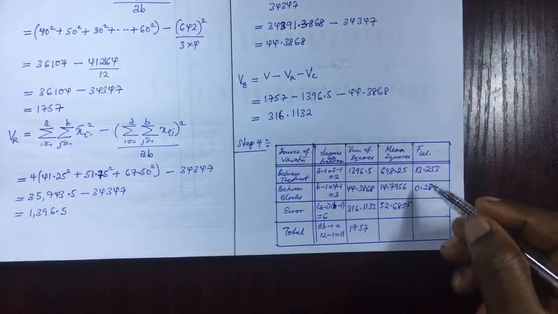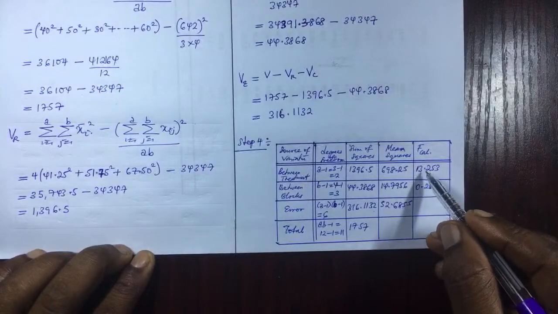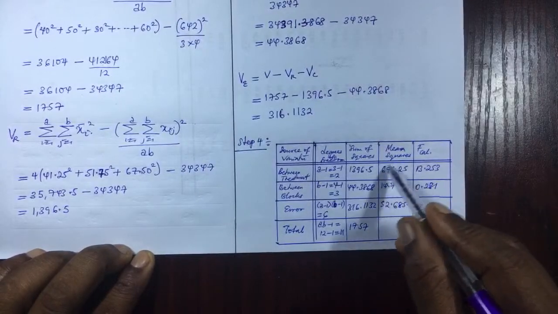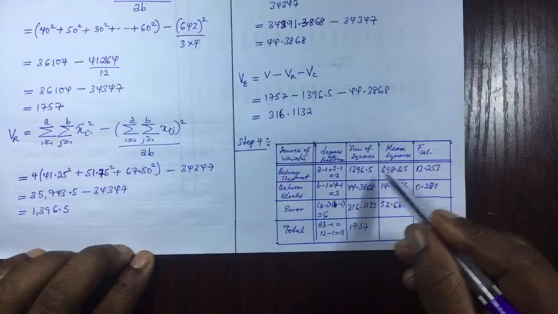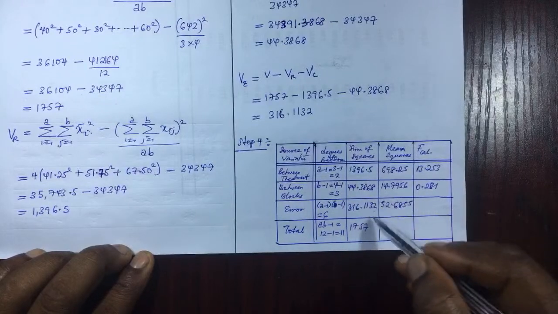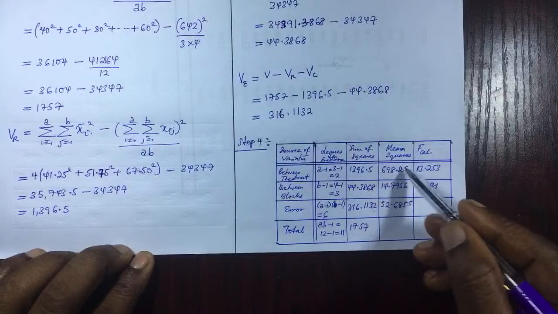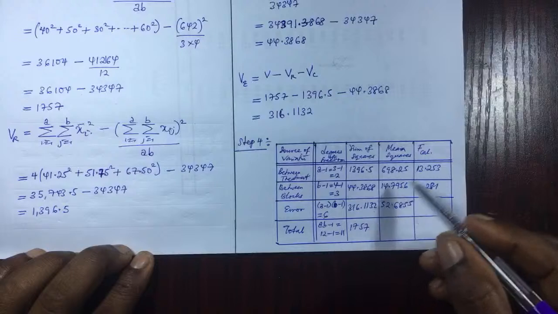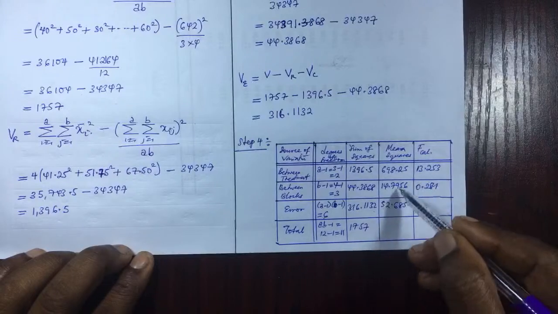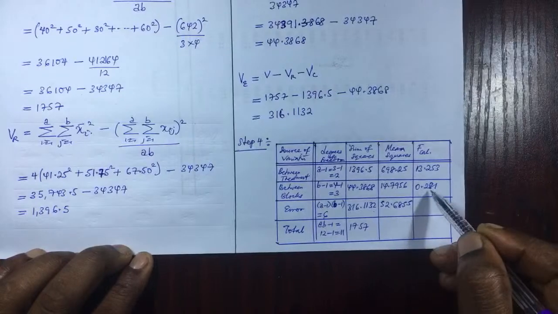Now, how did we get these values? Your F calculated for treatments will be the mean square for treatment divided by the mean square for error, which will give you this value. The mean square for blocks divided by the mean square for error will give you this value.